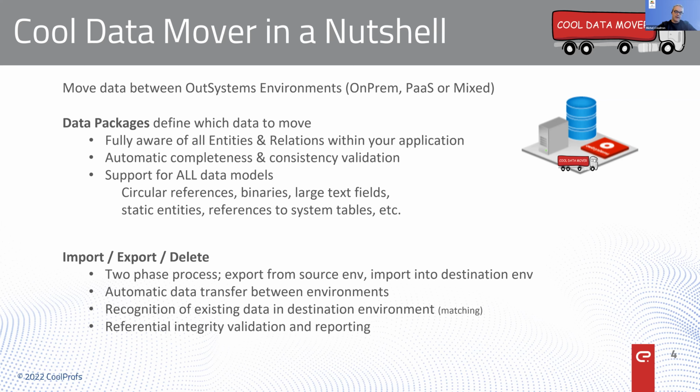And the last bullet there, referential integrity validation. This is for you to know: on a technical level, we see all kinds of data records which we move across. We insert new records, but we check everything to make sure that the referential integrity of your application is always kept up to date. In some cases, OutSystems does allow you to ignore referential integrity validation.